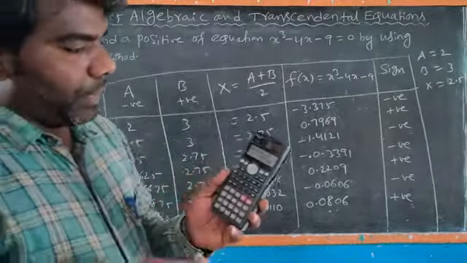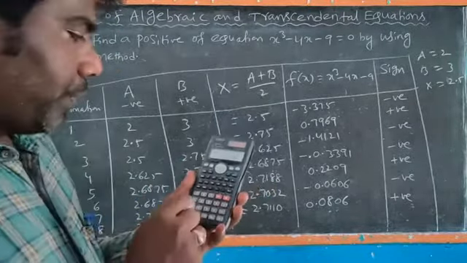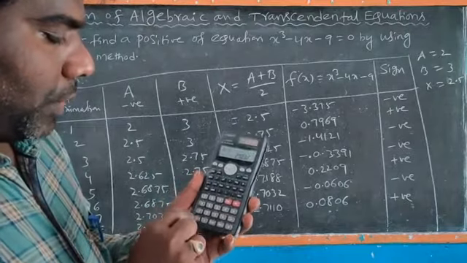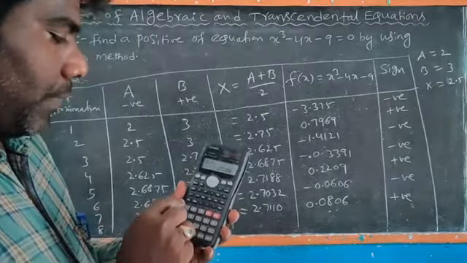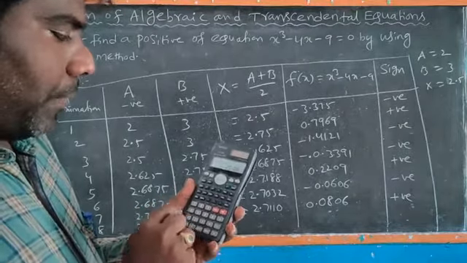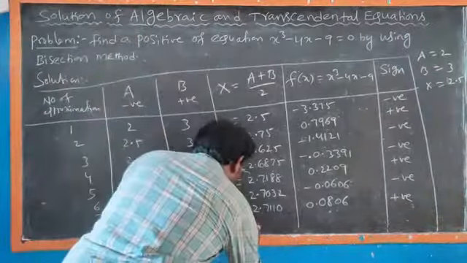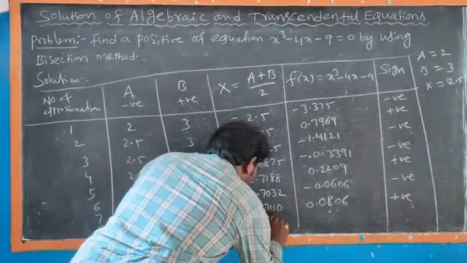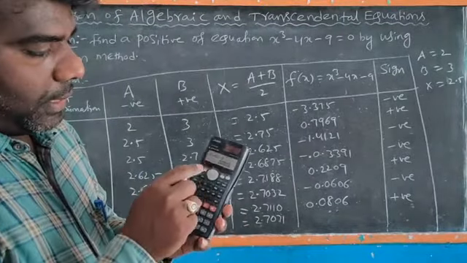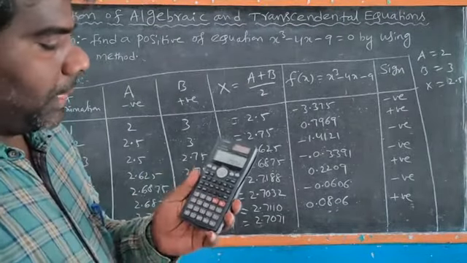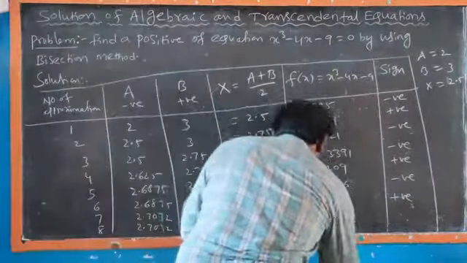Okay, right. Now go back to the formula. x equals a plus b by 2. Calculate what is a: 2.7032. What is b: 2.7110. That equals 2.7071. Substitute x in the f of x. Then calculate 0.0103.